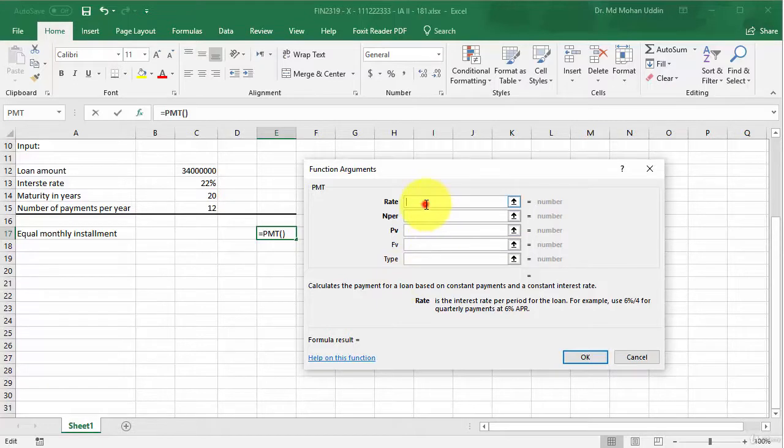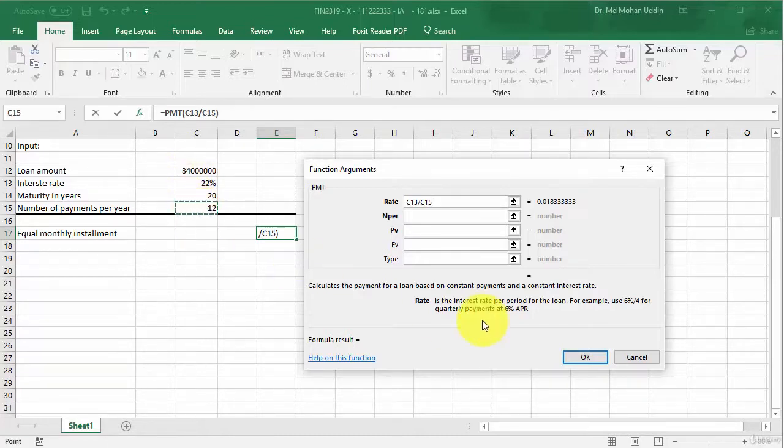Keeping the box for the rate selected, we click on the interest rate, divided by number of equal installments in a year. So yearly interest rate divided by number of equal installments. So we automatically get the monthly interest rate.